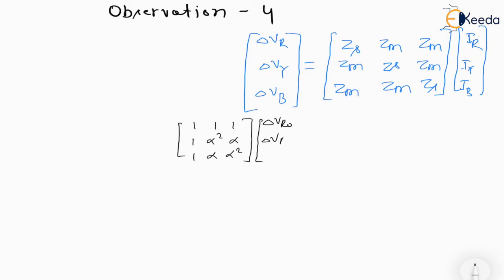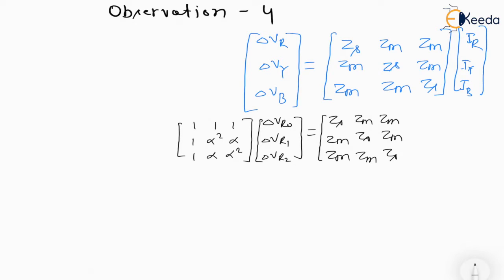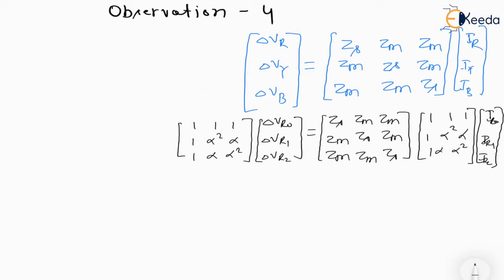We can write delta VR0, delta VR1, delta VR2, as we have discussed earlier, and this equals the Zs, Zm, Zm; Zm, Zs, Zm; Zm, Zm, Zs matrix, and here the current will also be transformed with the same 1 1 1, 1 alpha square alpha, 1 alpha alpha square matrix, and IR, Iy, Ib can be represented as IR0, IR1 and IR2.